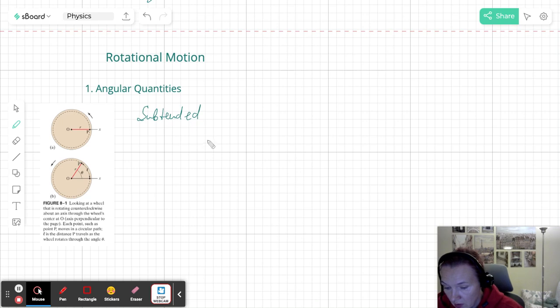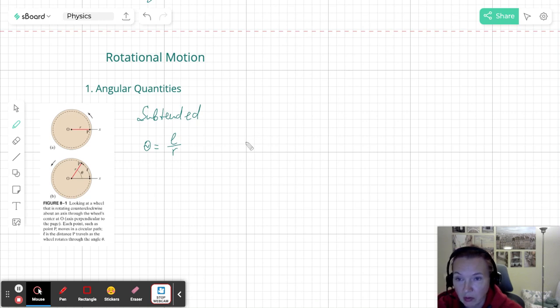Now, if we have an angle theta that is, in this diagram, subtended by an arc whose length is L, and the radius of the circle is r, then angle theta is equal to L over r.